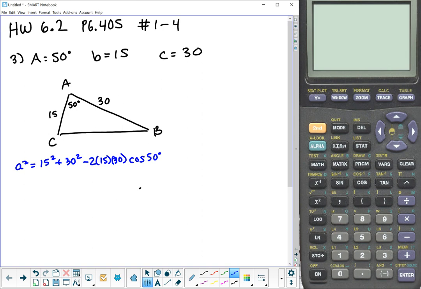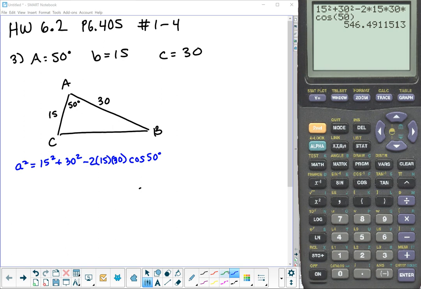I would do all of this in one swooping motion. So it would be 15 squared plus 30 squared minus 2 times 15 times 30 times cosine 50 degrees.